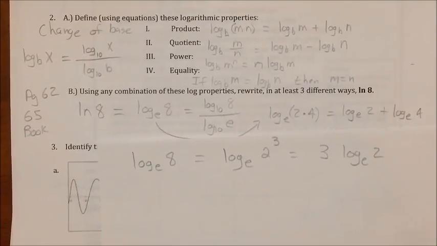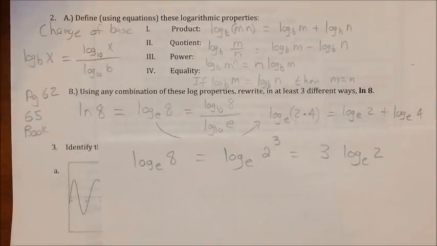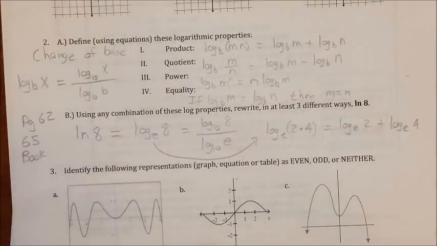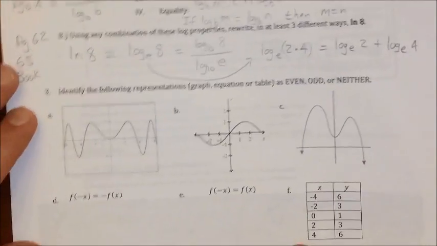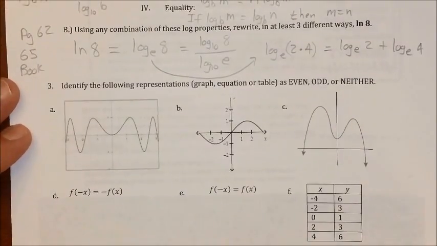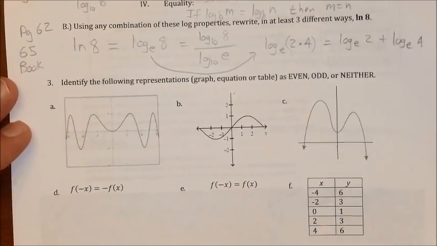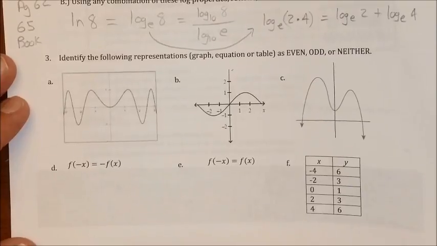All right, question number 3. On question number 3, all we're doing is identifying if functions are even, odd, or neither. So more than anything, you just need to know the definition.